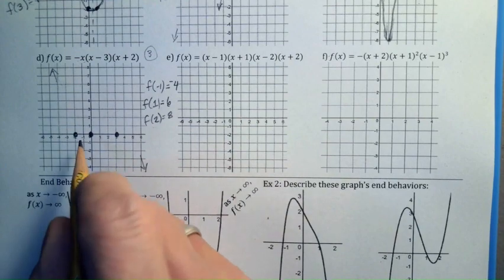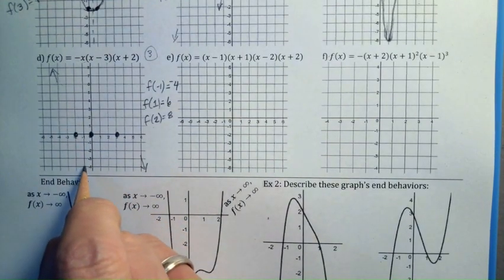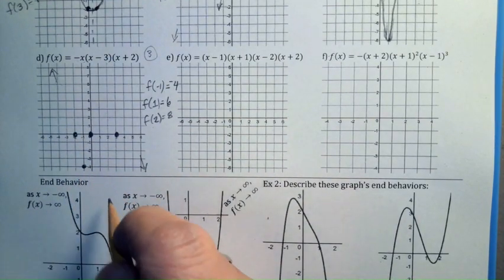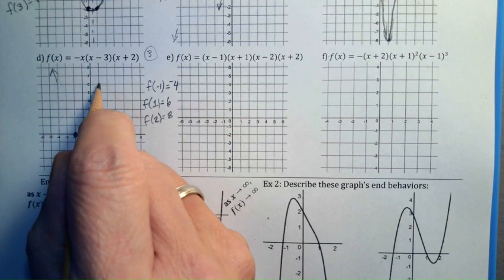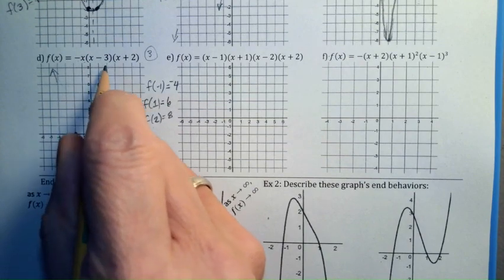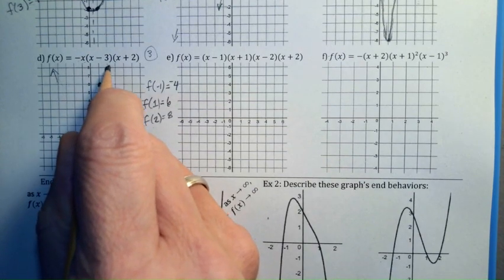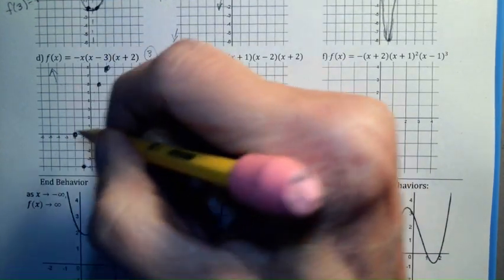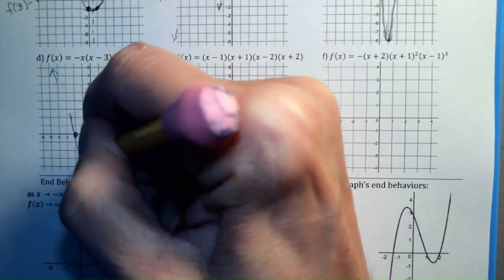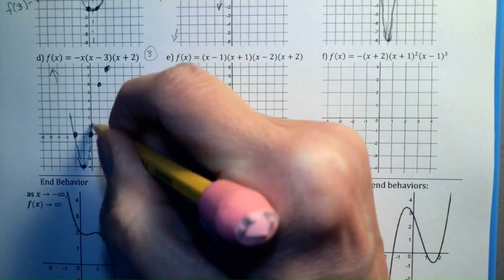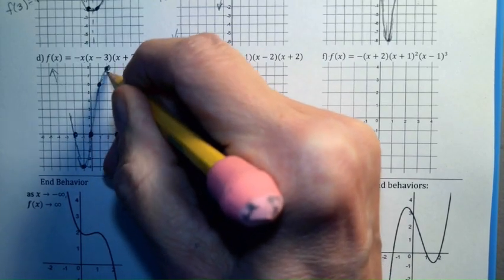All right, so let's plot those. So at negative 1, we're down here at negative 4. At 1, we're up at 6. 4, 5, 6. And then at 2, we're up here at 8. Okay, so sketch through again. Don't go way up here. Just start here. We're going to go straight through each one of these zeros.